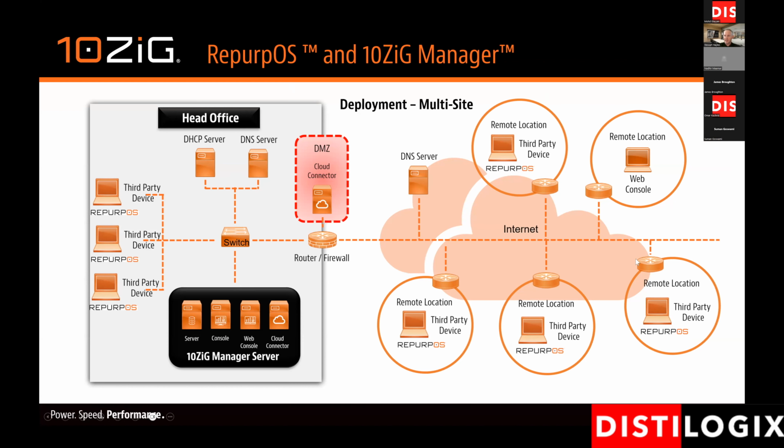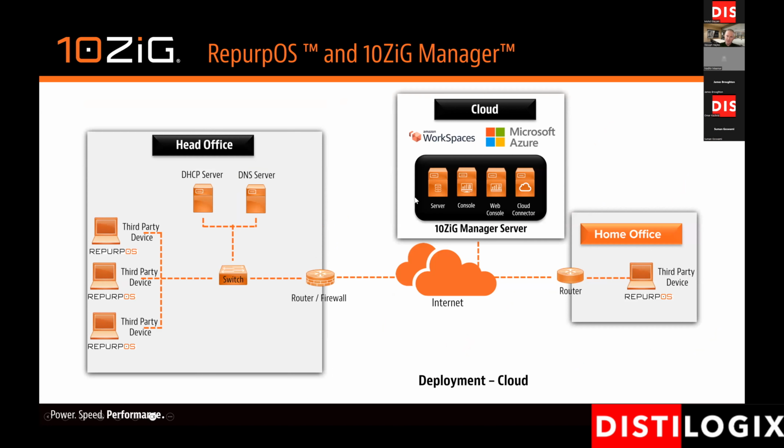And then externally, those devices can also connect back to that manager server if it is set up over the network, so that you do have that external access. You can also install the 10Zig manager server in the cloud. So if you wanted to install it as a VM in Microsoft Azure or Amazon Workspaces, for example, you can do that. It's easily possible.